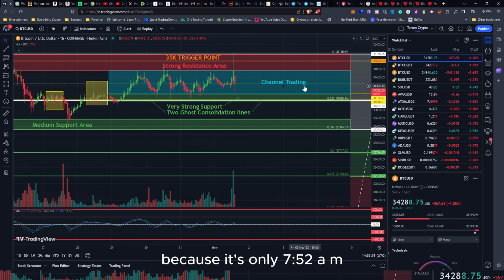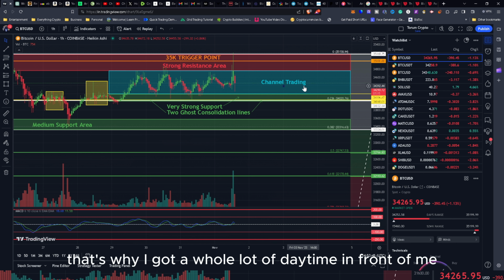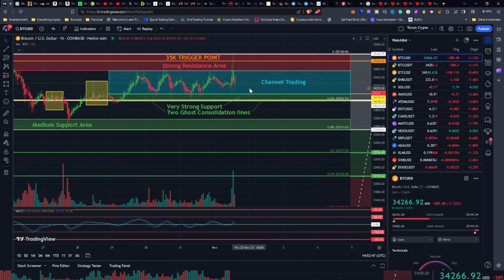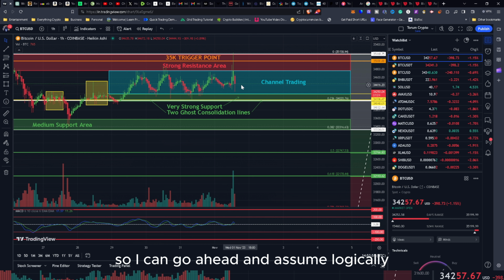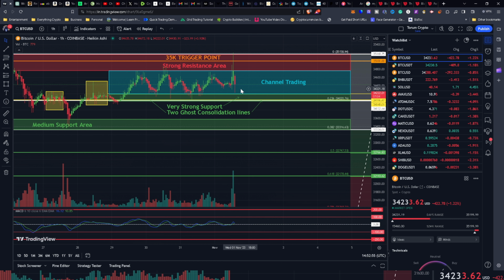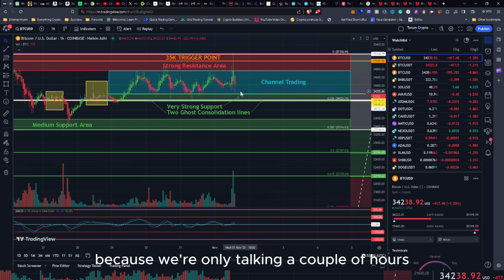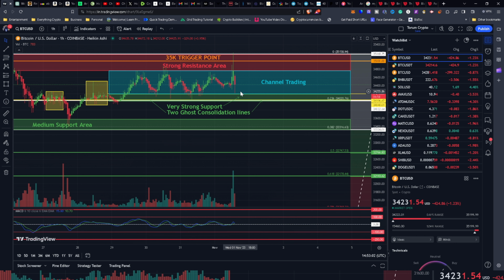Why? Because it's only 7:52 a.m. That's why I got a whole lot of daytime in front of me, and the day candle is red. So I can go ahead and assume logically that the next couple of candles, because we're only talking a couple of hours, are going to be red.